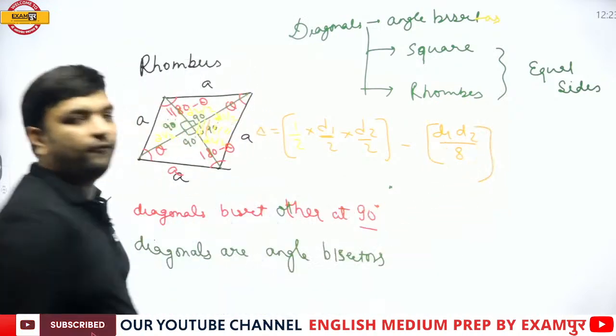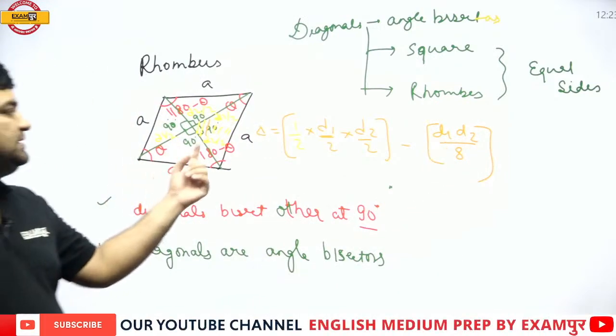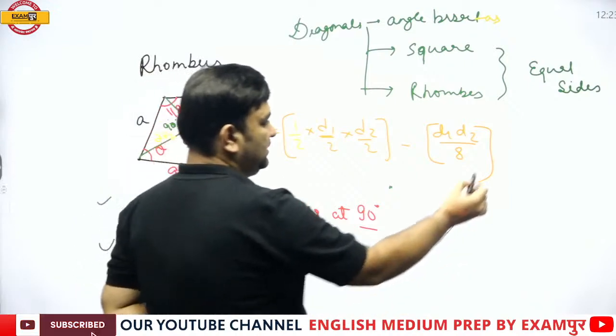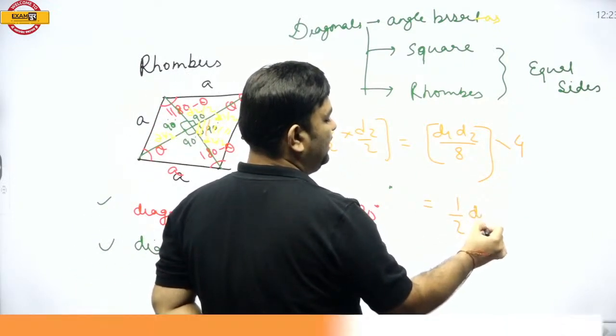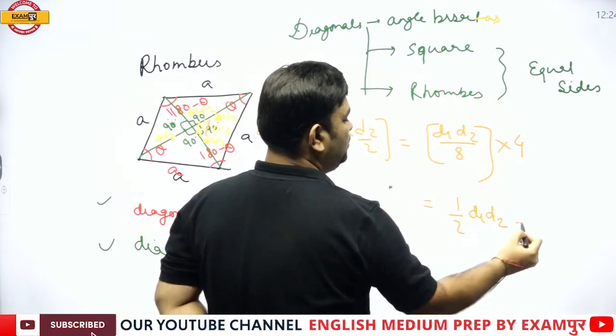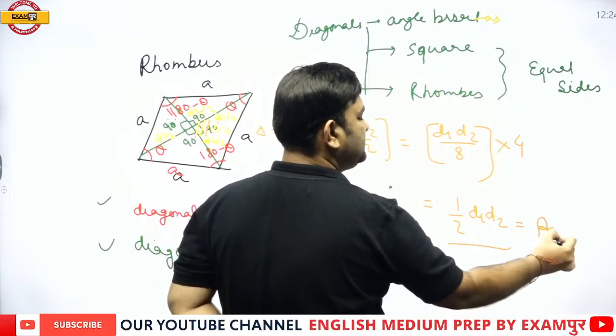But since there are four such triangles, you multiply by 4, and now you have got the area of a rhombus.